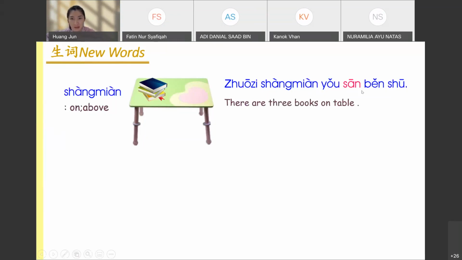So on the table have 3 books. 桌子上面有三本书. And here, if I ask a question about 三, which question word will you use? Tell me quickly. If I ask a question about 三, which question word do you use for this word?